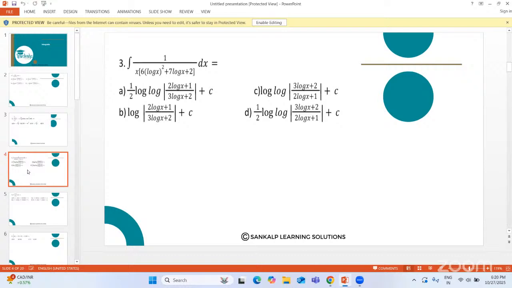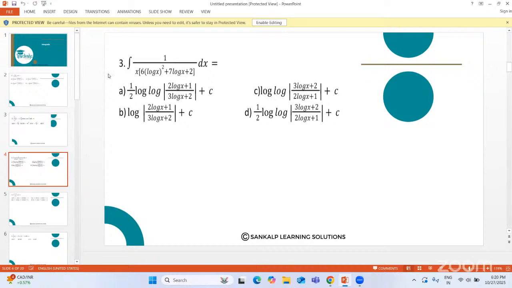Option A is half log mod of (2 log x plus 1) upon (3 log x plus 2) plus c. Option B is log mod of (2 log x plus 1) upon (3 log x plus 2) plus c. Option C is log mod of (3 log x plus 2) upon (2 log x plus 1) plus c. Option D is half of log mod of (3 log x plus 2) plus 2 log x upon 1 plus c.